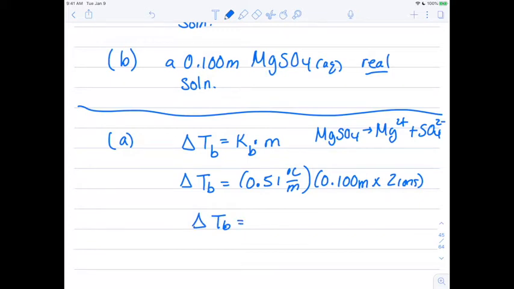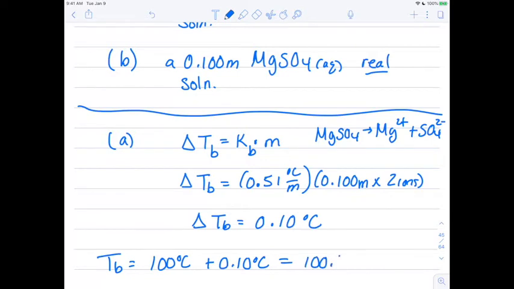And our change in boiling point here, I'm going to call this 0.10 degrees Celsius. For the actual boiling, since it's water, it starts at 100. I'm adding in that 0.1, and we get 100.10 degrees Celsius.